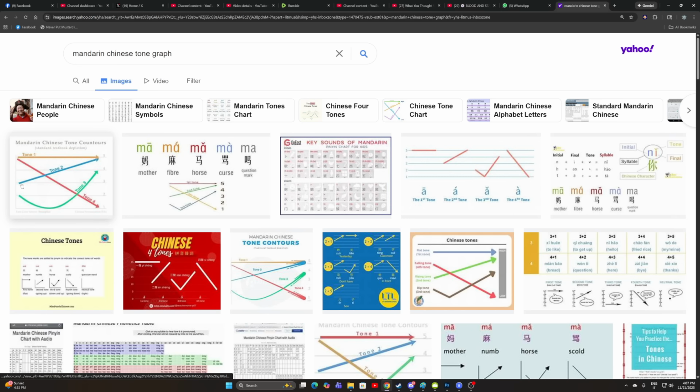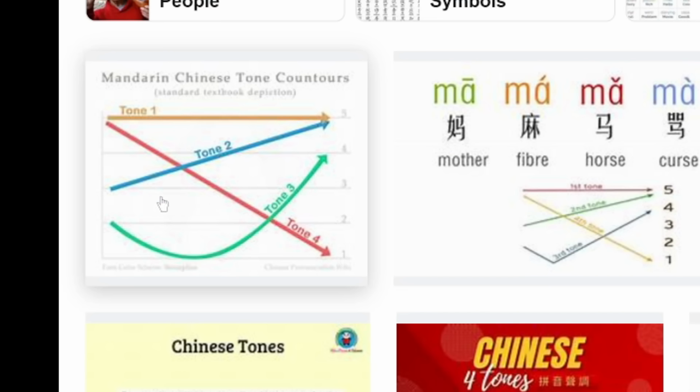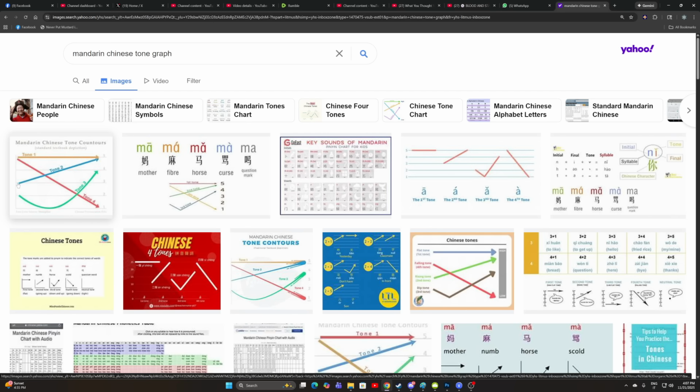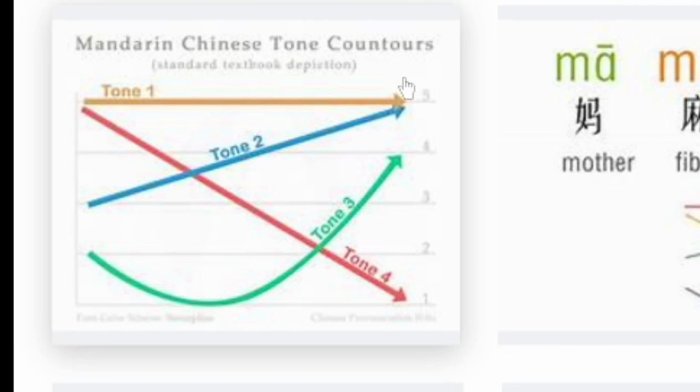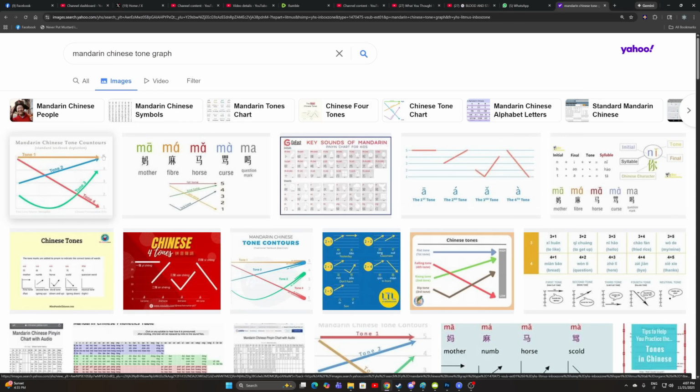As we see here, you start at mid, a note that you can comfortably begin with, ma, and then it goes up, ma, very quickly, all the way up to a high pitch, still not an uncomfortable one, ma. So, first tone, ma, 2nd tone, ma. Imagine it as a question.